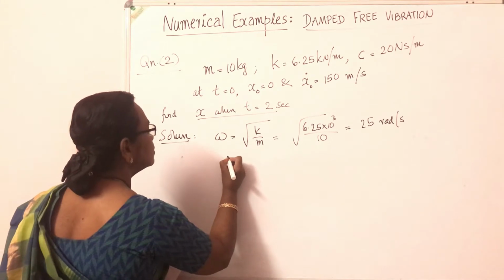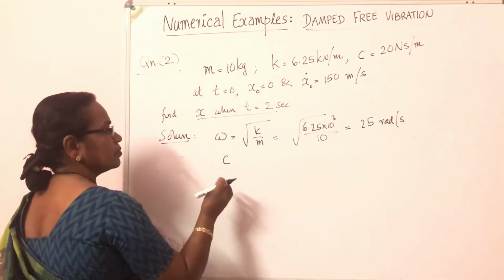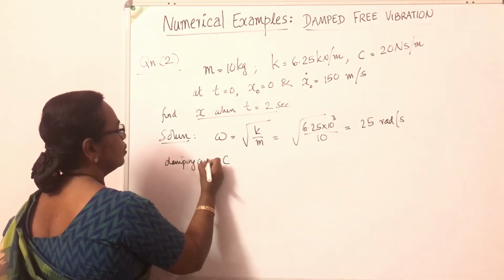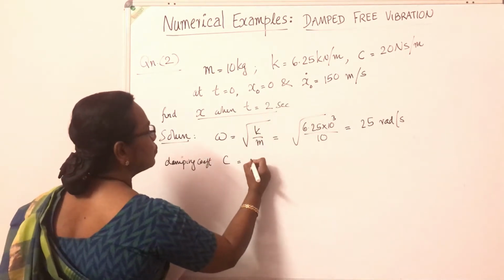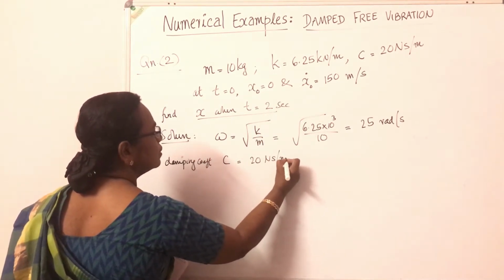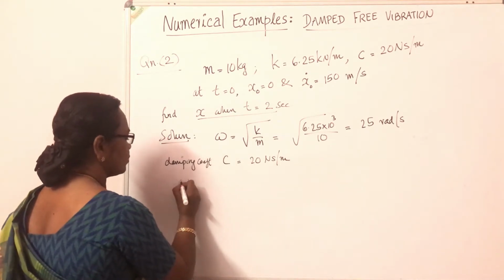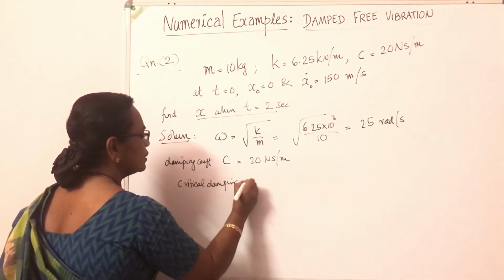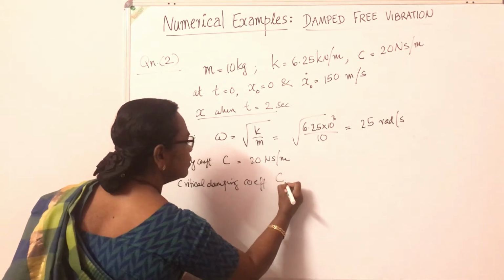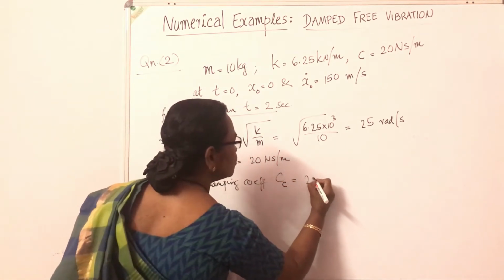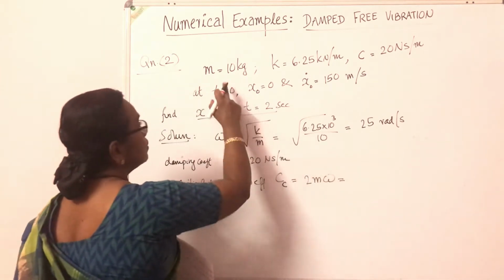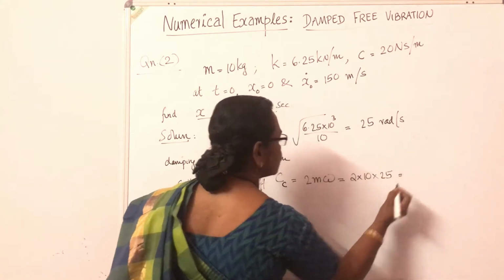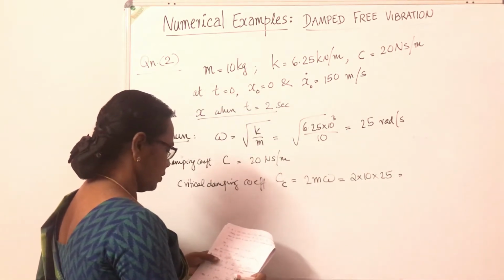Let us find out the damping coefficient C of the system. The damping coefficient C is given as 20 Newton second per meter. So the critical damping coefficient Cc is equal to 2m omega, 2 times mass, which is 10, times omega.